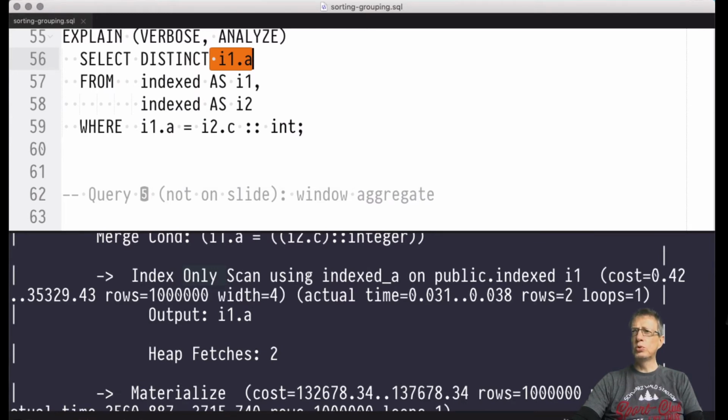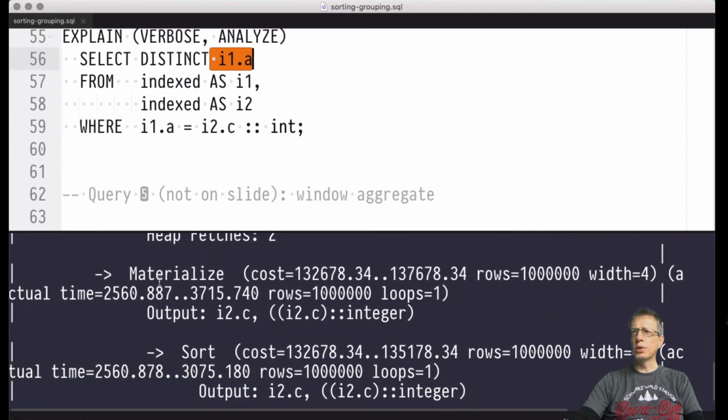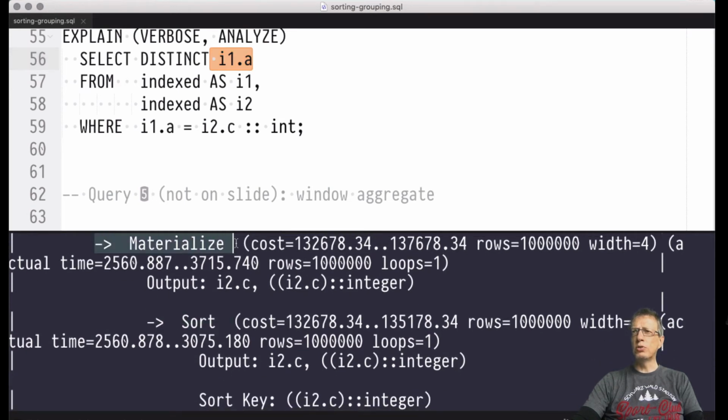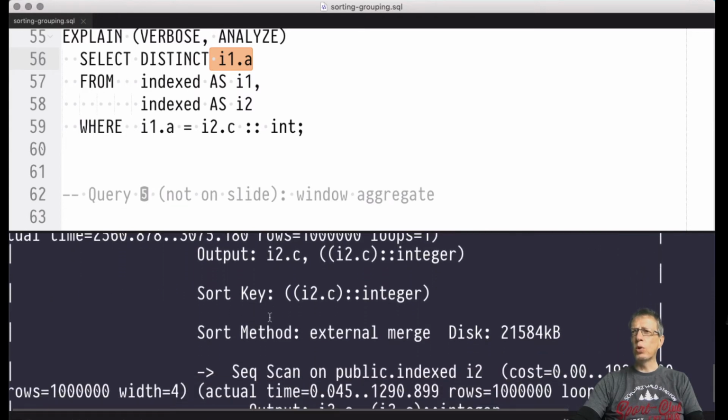This will produce the rows in A order. Below here we find the second source of input. It's a sort operator plus some additional materialization. Let's not look at that here. It's a sort operator that will also scan the index table, but will produce rows in C order.